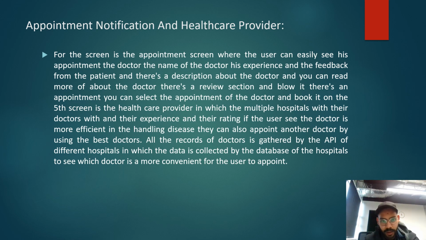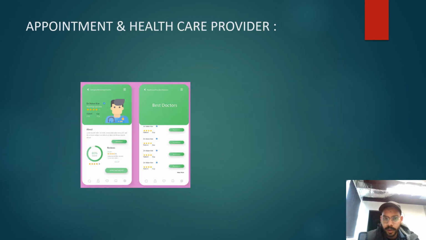And as with the appointment screen, when the appointment is near, you can get a notification. As you can see, there is a screen for both appointment and healthcare provider.